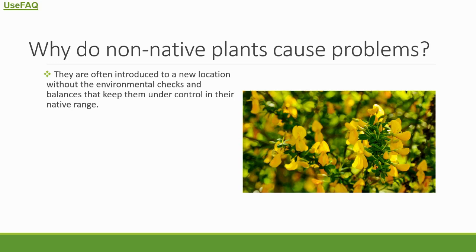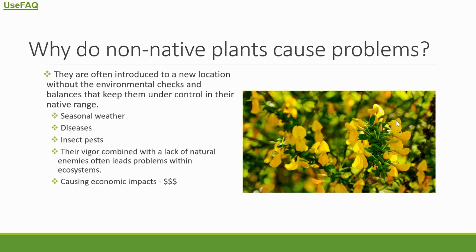Well, when they're introduced to these new locations, the environmental checks and balances that are needed to keep these plants under control are not in that new range. What does that mean, Stephanie? Well, that means the weather is different. Maybe it's warmer here in Montana than where this plant was from. So it gets here and it's like, this weather is great.